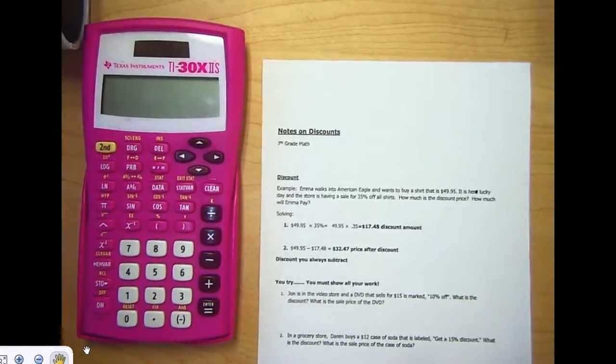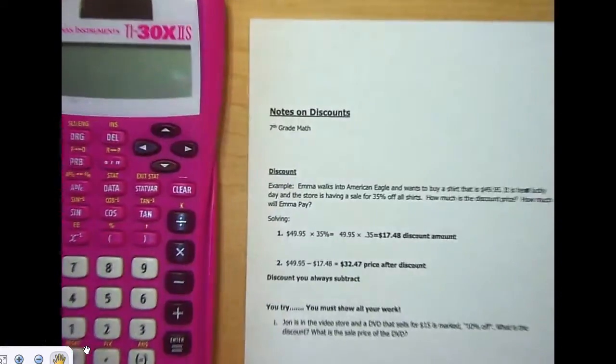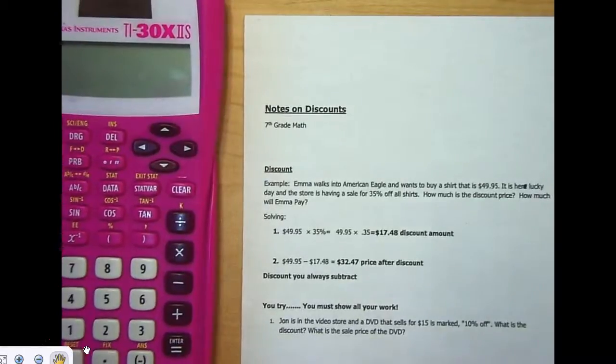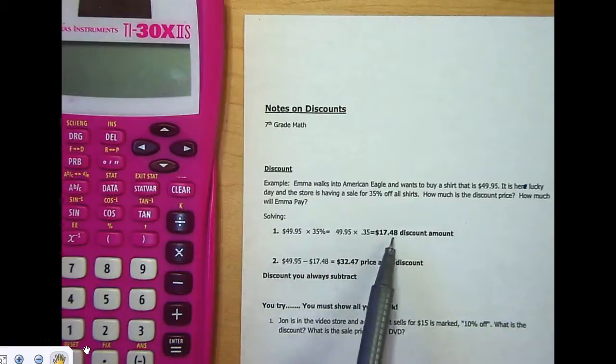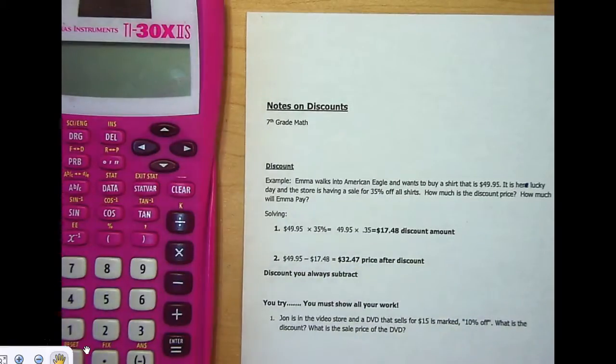So just like we did on Tuesday, we're going to take our price, $49.95, and multiply it by 35%. And we're going to find the discount amount is $17.48. So that's not how much we're going to pay. That's how much we're going to take off the price.